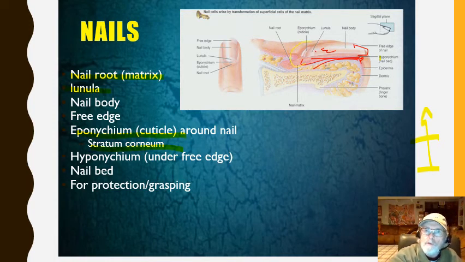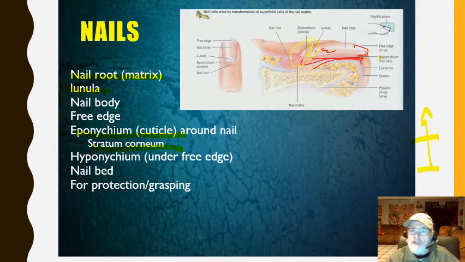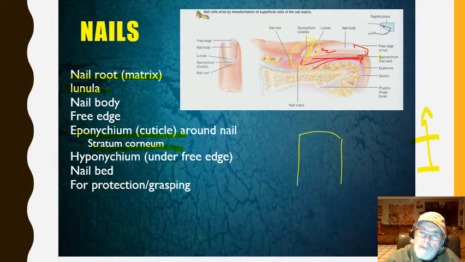We have the nail root, which is back in here, and you see that little area called the lunula, a little half moon shaped area, which is very soft. Once you take the nail out, it would look something like this. The nail fold sits like here, on the sides of the nail. This is the end of the toenail.